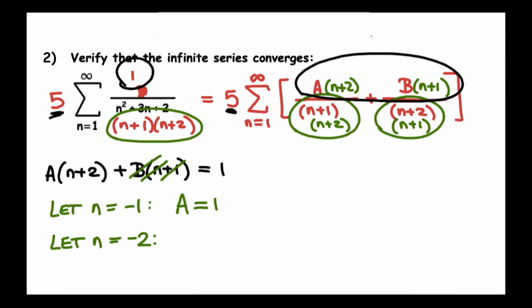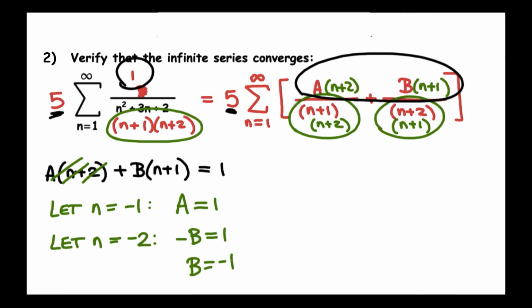And then, of course, if n is negative 2, that'll make that a times 0. So you're going to get b times negative 1, or negative b equals 1. So therefore, b will be negative 1. Again, a and b are opposites.